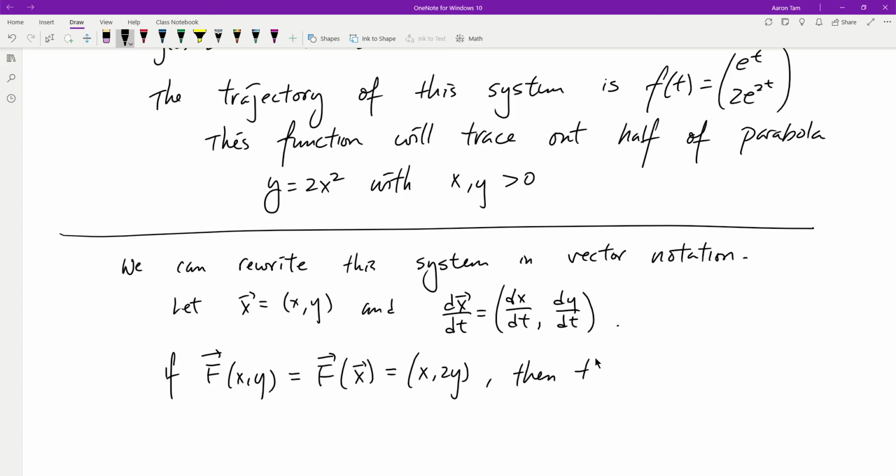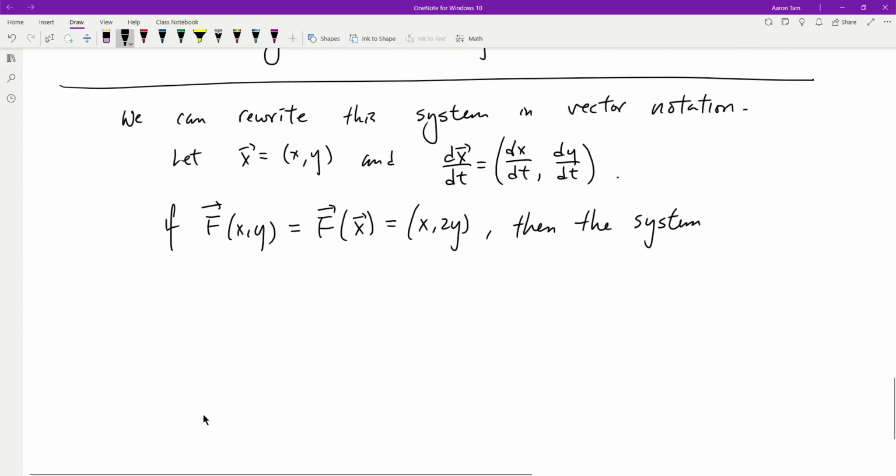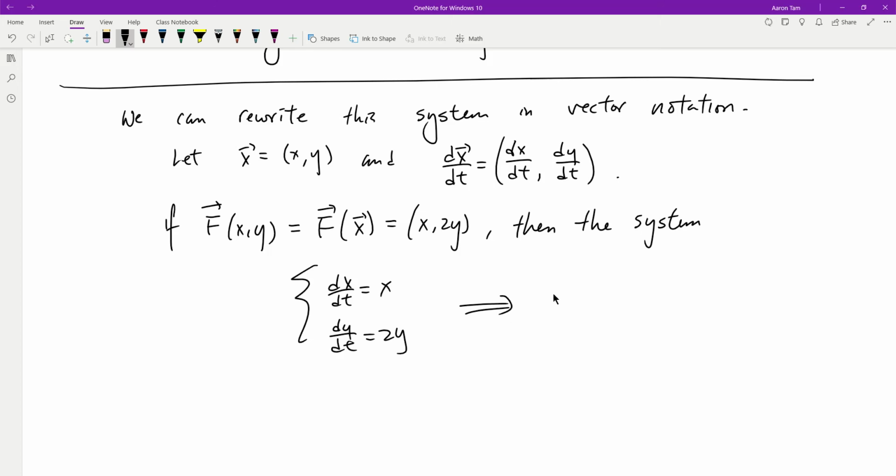then the system dx over dt equals x, dy over dt equals 2y can now turn into this vector equation.